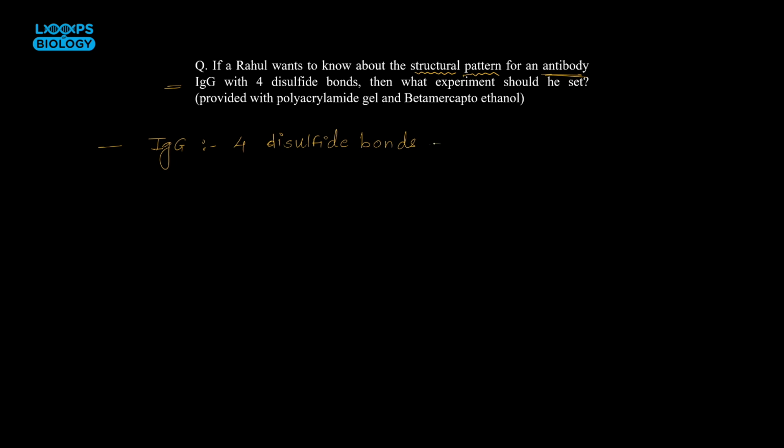So from this, I can assure that there is going to be the presence of different chains. And as we have seen, an antibody is basically a protein, so chains of protein are going to be present.